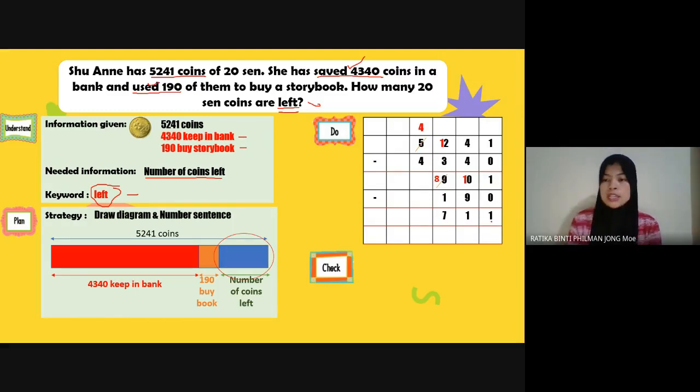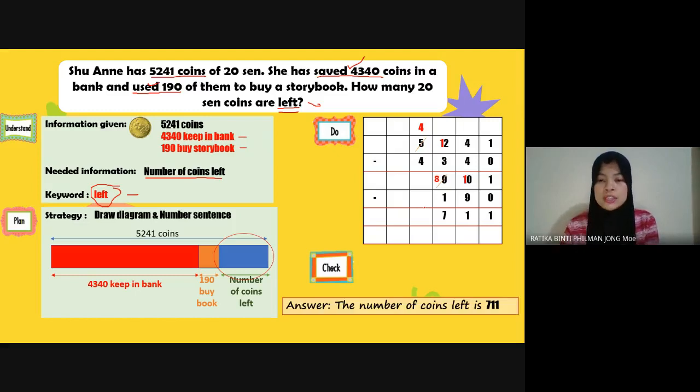Yes, 711. Okay, jadi lebih kecil lah. So then you check balik satu persatu. Awak tolak satu persatu lagi. Betul tak betul awak tolak? Check lagi. Kalau awak check 2 kali, your answer is still the same, then your answer is correct, insyaAllah. Okay, so now the answer is the number of coins left is 711.